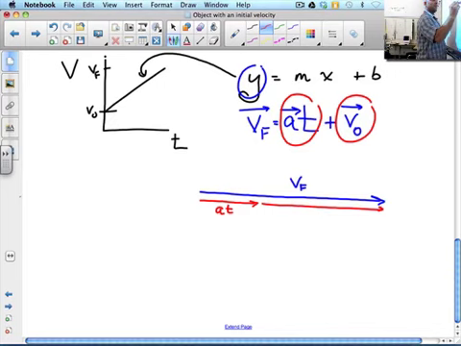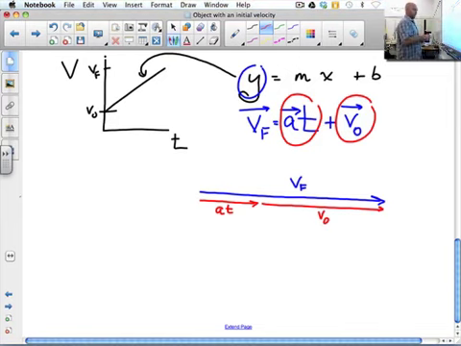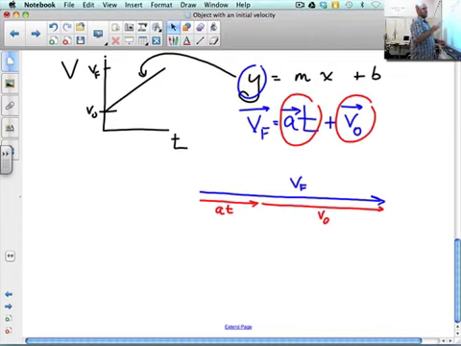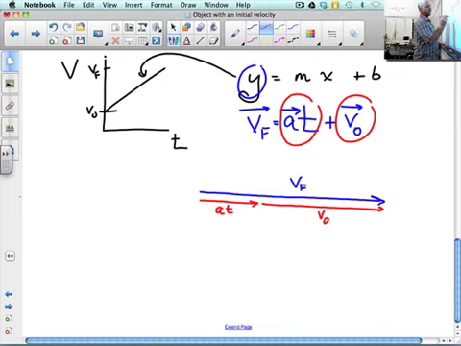And together, when the two red vectors are placed head to tail, these vectors add to my final velocity vector. Well, I know that my AT vector here, actually my A was 5, my T was 6, so this one's 30 long, 30 meters per second long.